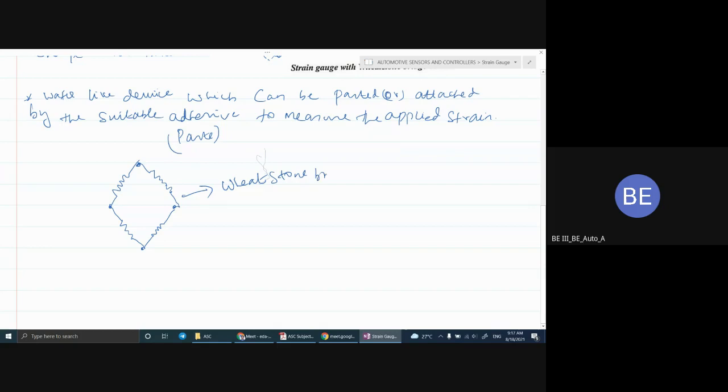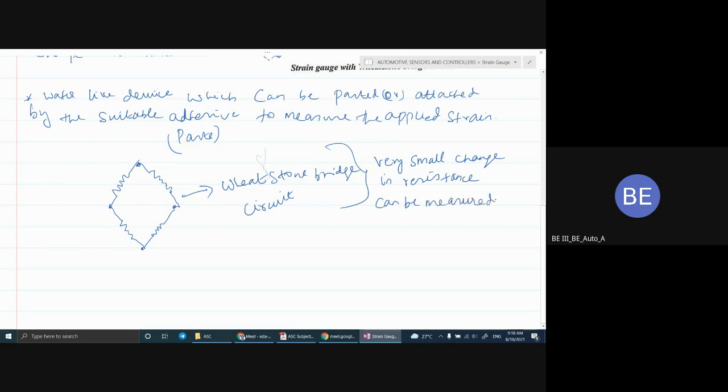Wheatstone bridge circuit. Why are we using this Wheatstone bridge? Because a very small change in resistance can be measured.